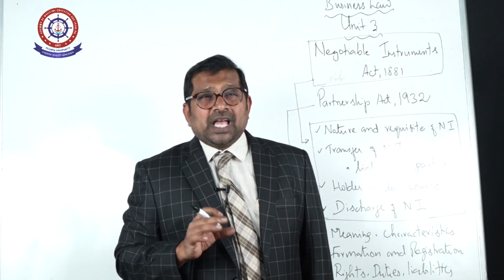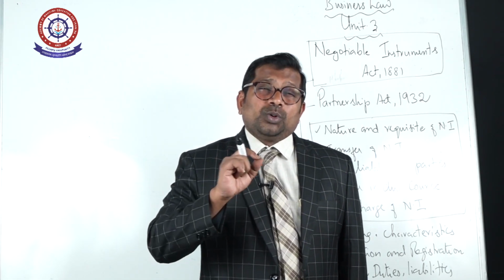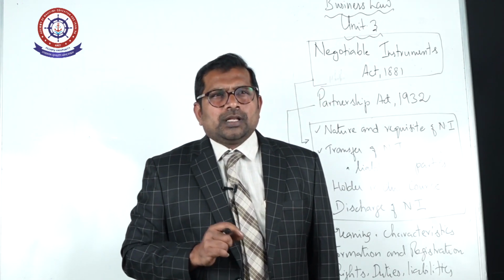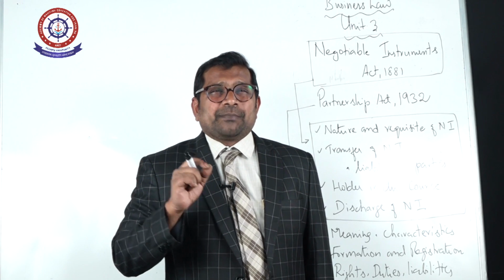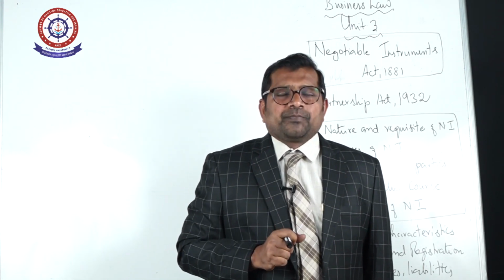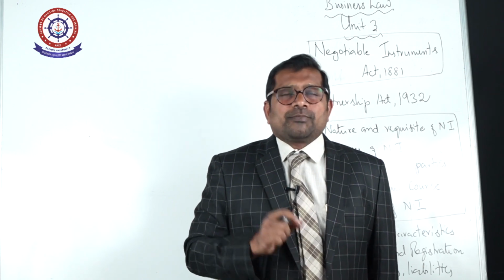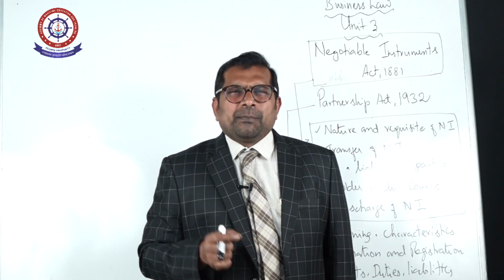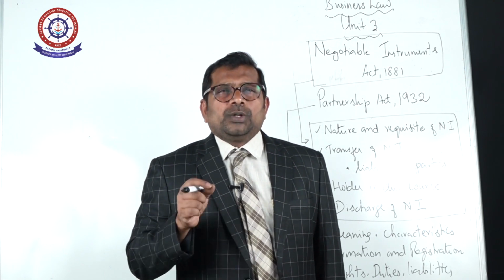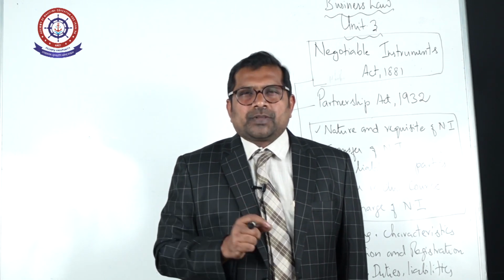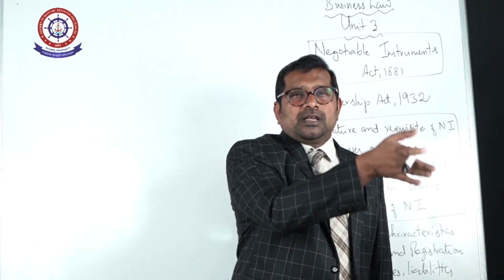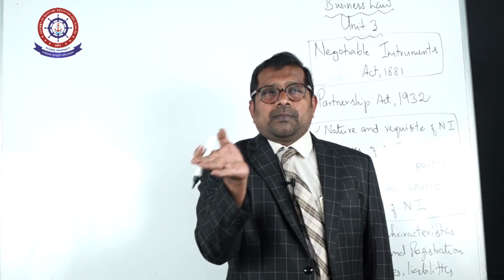A bearer instrument is payable to the order of the bearer, for example, pay cash, or pay to X or bearer. If they mention only pay to X, then it is an order instrument.